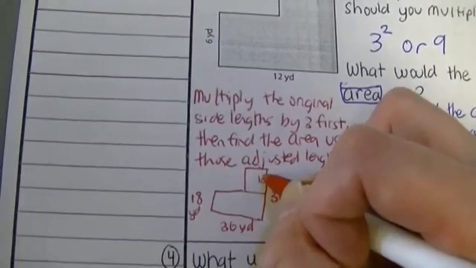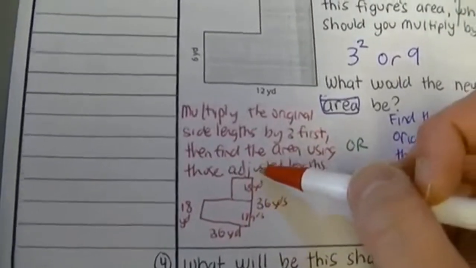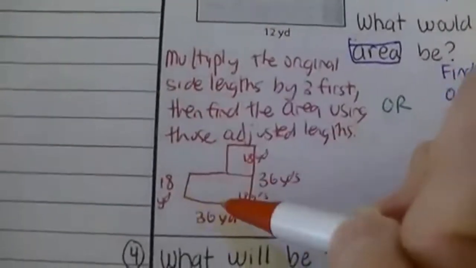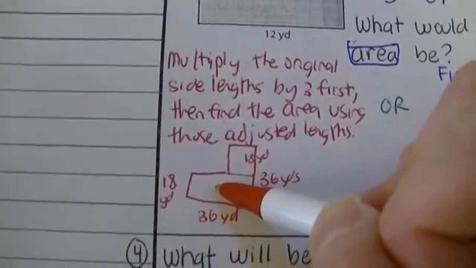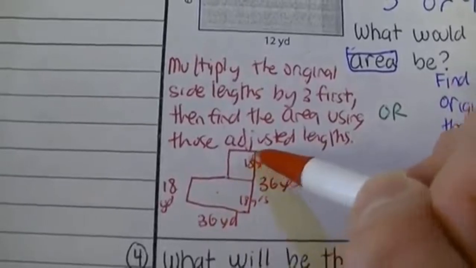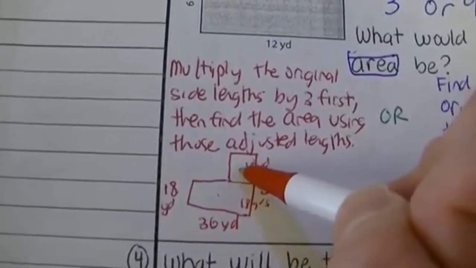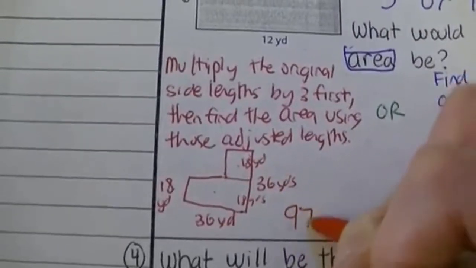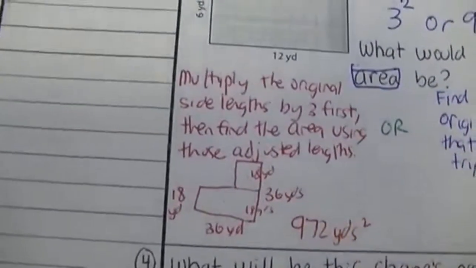So this would be 18 yards, 18 yards. If you're wondering how I got that, I just multiplied everything I saw by 3 because we wanted to triple it. And then once I found the area of that, you'll take this times this to get the area right here. And you'll take this 18 times 18 to get the area right here. And your area using this way would be 972 yards squared.